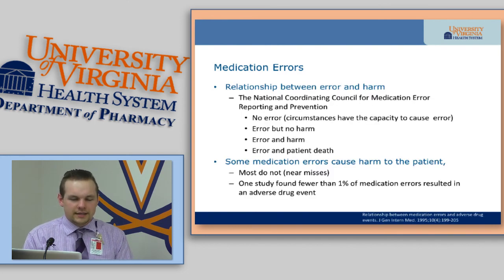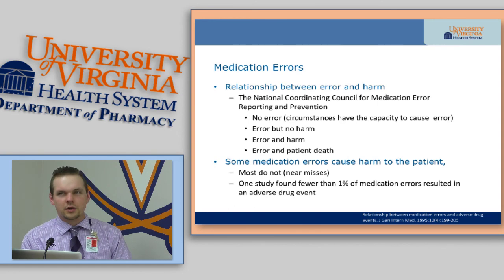So medication errors can also be described in terms of the relationship between the error and patient harm. So the National Coordinating Council for Medication Error Reporting and Prevention classifies medication errors in this way. No error. However, there's the capacity to cause an error.